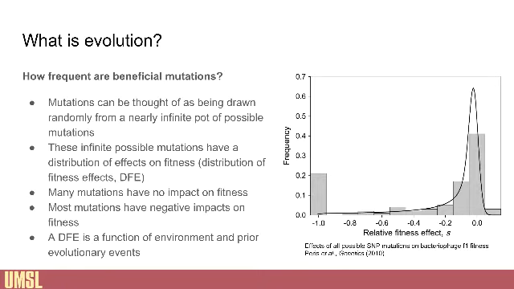And they all follow this general interesting trend, which is that if we center around 0 and ask, what's going on with mutations that have 0 fitness effect, by and large, in this case for this particular virus, almost 50% of mutations have absolutely no effect on this virus, right? And so if we were to say, what does this estimate look like for us? It's much, much, much, much higher. The vast majority of genetic differences that we have have absolutely no effect on our relative fitness compared to each other.